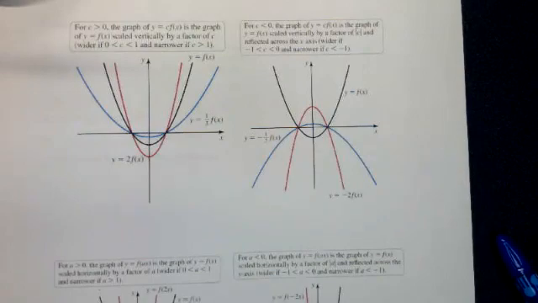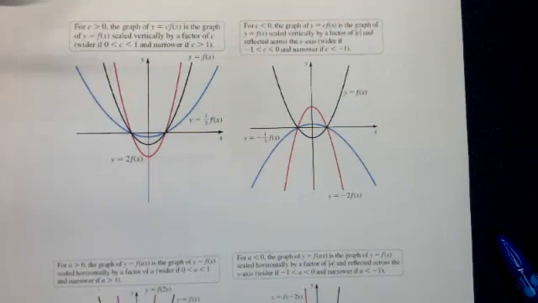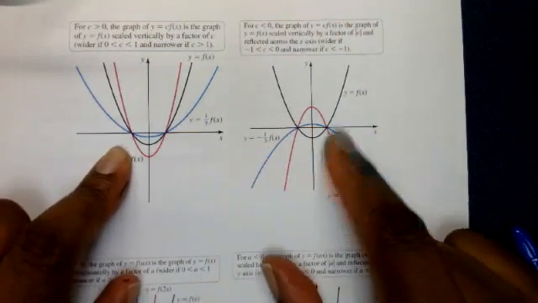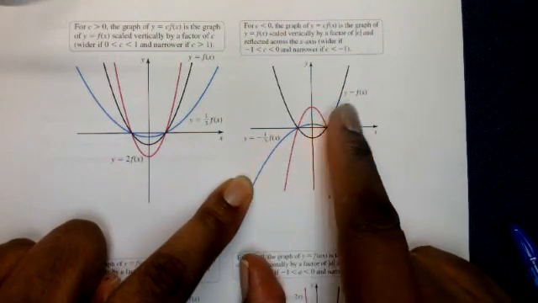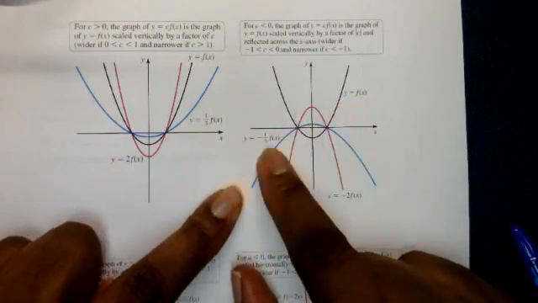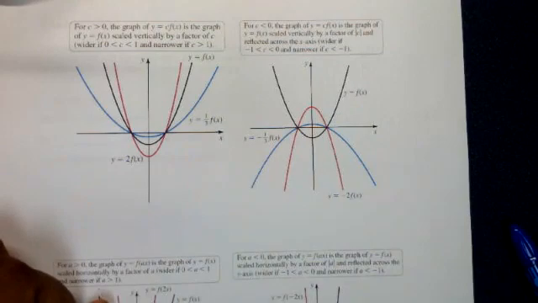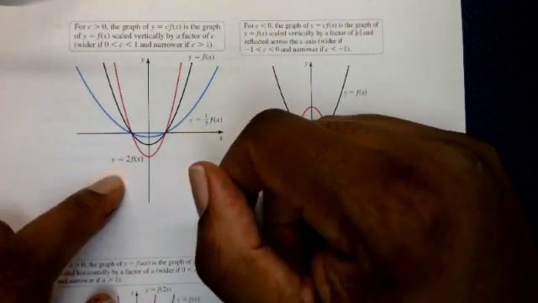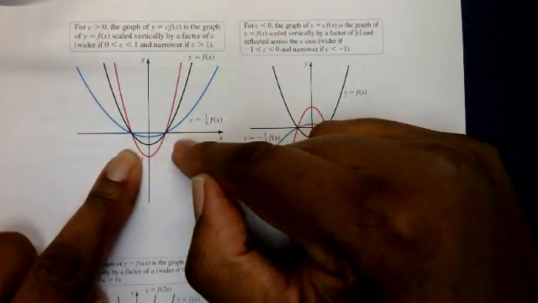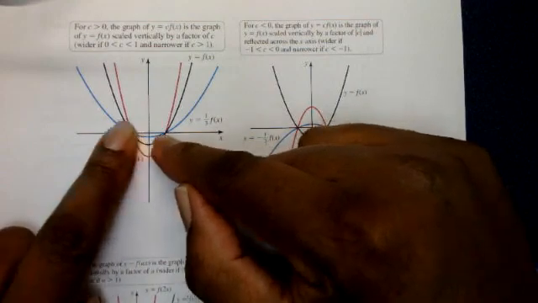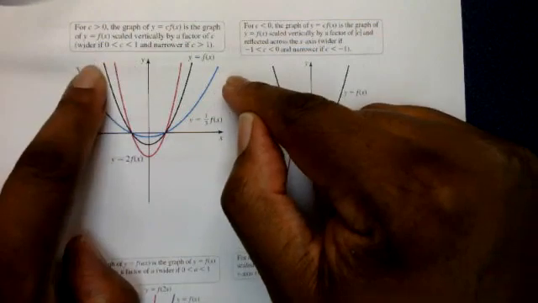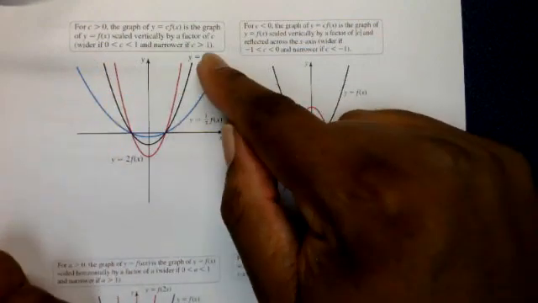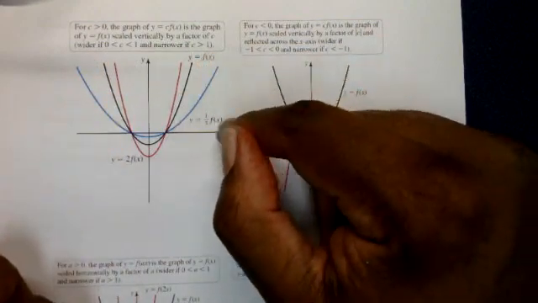All right, the next page deals with scaling vertically. And also the one on the right deals with the reflection, as you can see with the negative sign. The one on the left in this case is the vertical scale by a factor of C. It's going to be wider if your constant is between 0 and 1, but it gets narrow when your constant is bigger than 1.